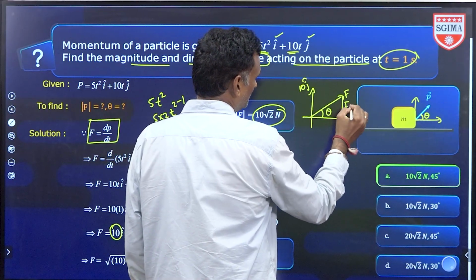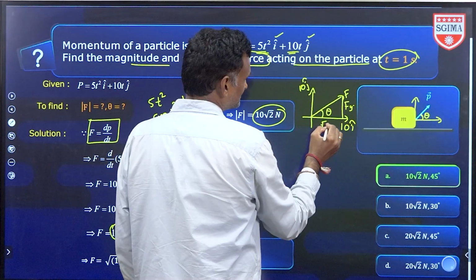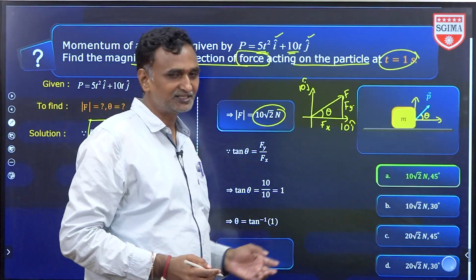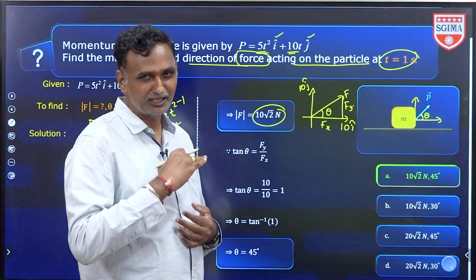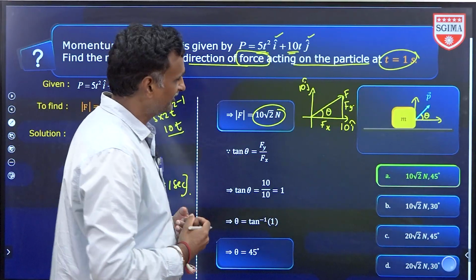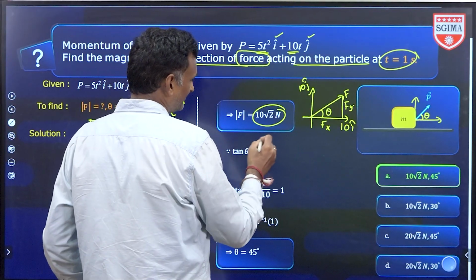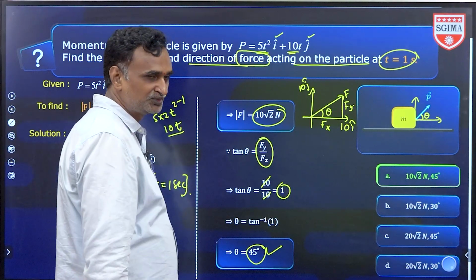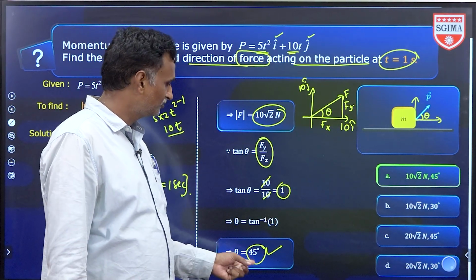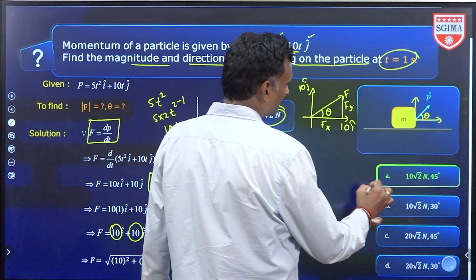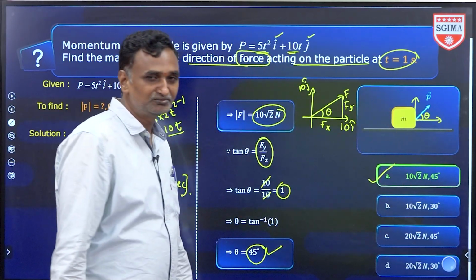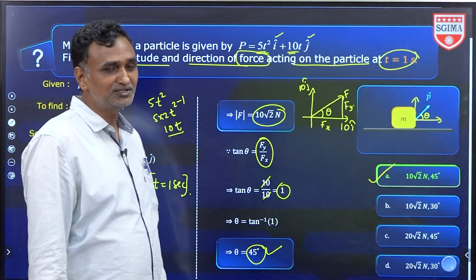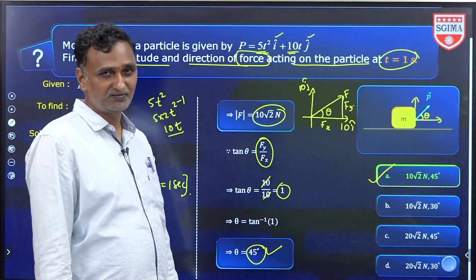Opposite is the y direction, and the adjacent side is the x direction. Okay, it is only a force graph. Actually we have taken the force components along the x and y axes. So in such a case, fy by fx we write 10 by 10, which is 1. So theta equals 45. So what is the magnitude we got? 10 root 2 and theta equals 45. So this is the answer to whatever they have asked. The magnitude is 10 root 2 newtons and the angle theta will be 45 degrees.